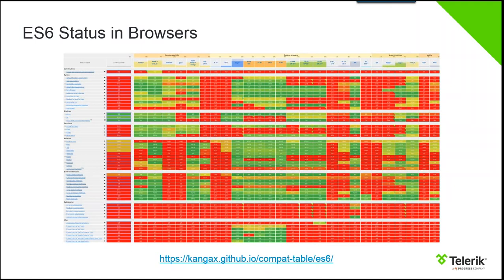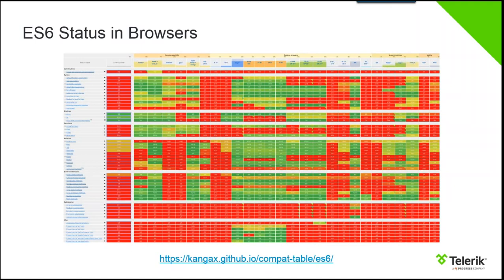In the slide as of now, the link is there. If you want to go to that link, you can. It's kangax.github.io/compat-table/es6, or you can search for the ES6 compatibility table in any search engine, and it will point you to this. The column on the extreme left, the first column, is the ES6 feature.